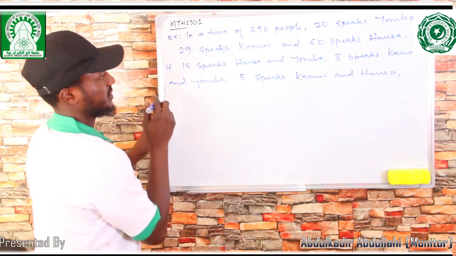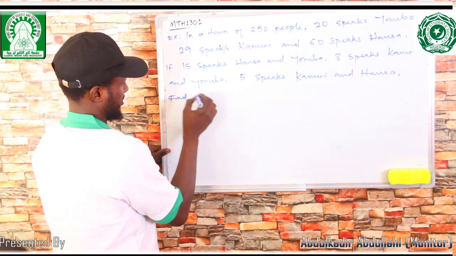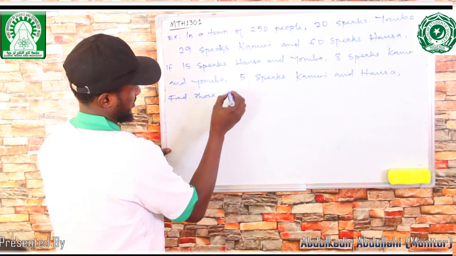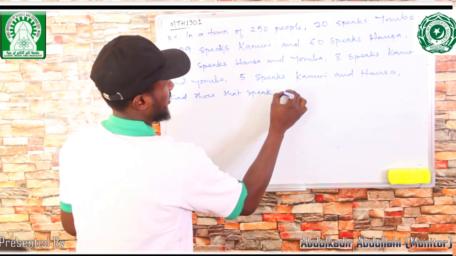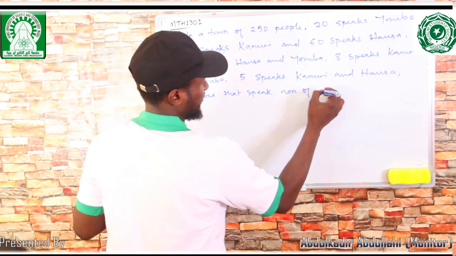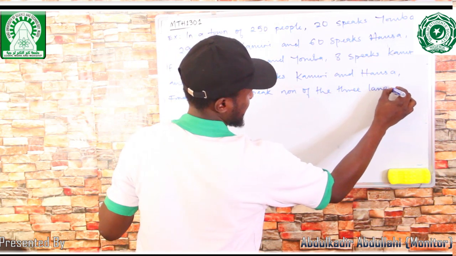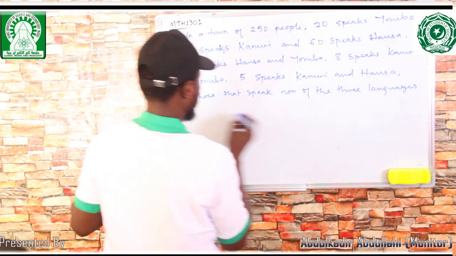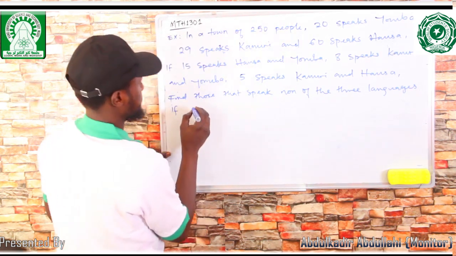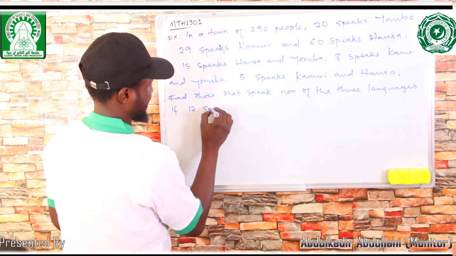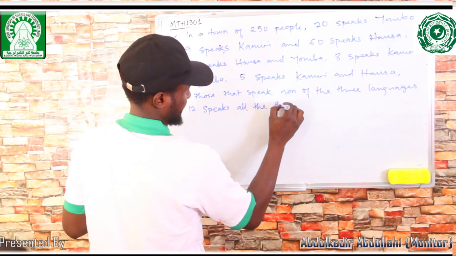Find those who speak none of the 3 languages if 12 speaks all the 3 languages.